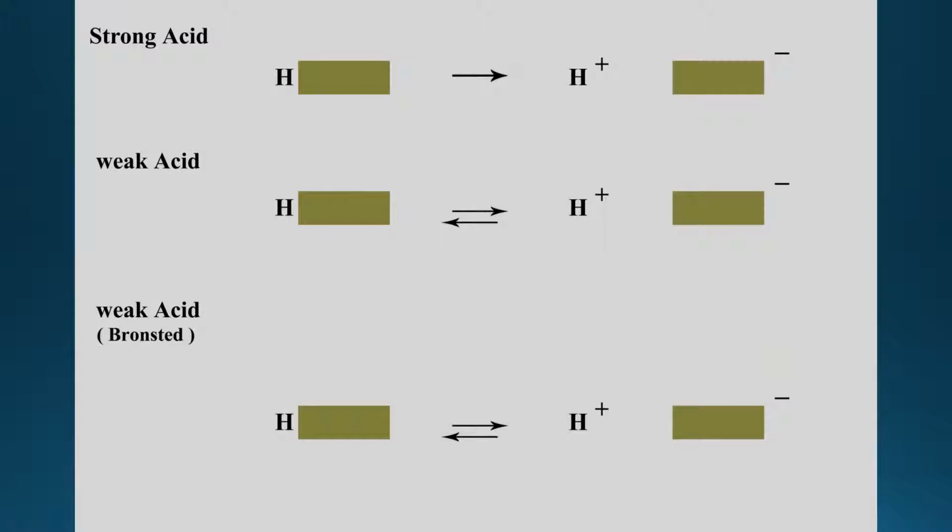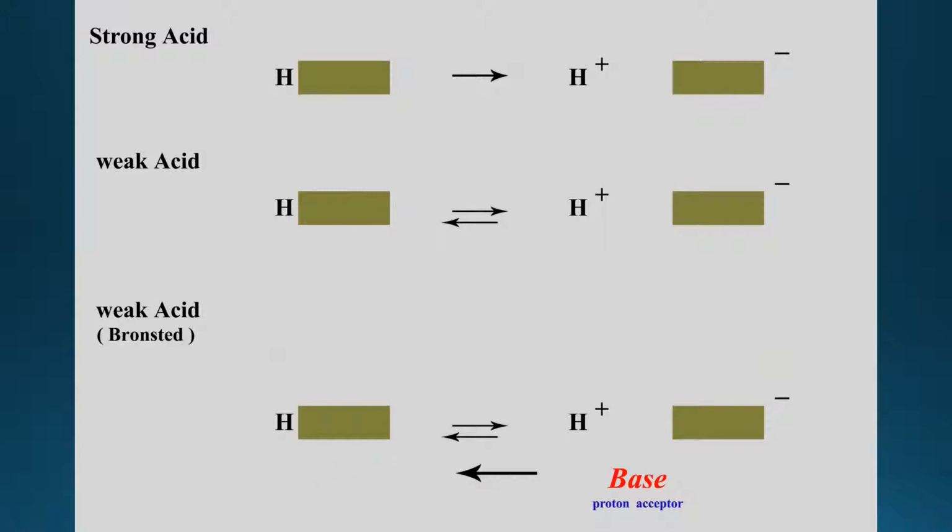Now let's look at Brønsted-Lowry theory when defining a weak acid. It says it depends on your point of view. Looking from one point of view, this acid molecule becomes an H+ ion and a negative ion. But from the reverse point of view, this negative ion accepts an H+ ion and becomes a molecule.